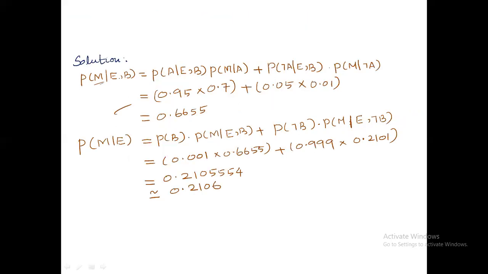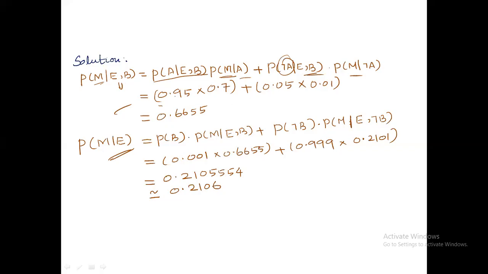If you are expanding this case, probability of Mary calls given earthquake, we have to combine all these values. This is our case where the earthquake had happened and burglary also happened. Expanding, A given E comma B: probability of Mary calls when the alarm rings, or otherwise A bar given E comma B, into M given A bar.